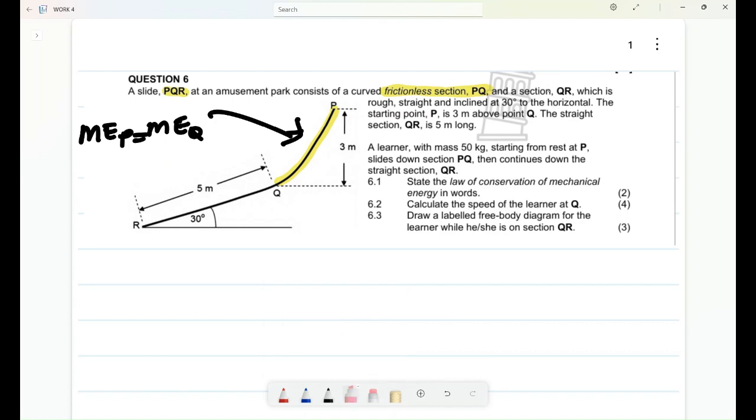And the section QR, which is rough. Oh, so here there is friction. Here there is friction, meaning that mechanical energy at Q is not equal to mechanical energy at R. I believe you are following.